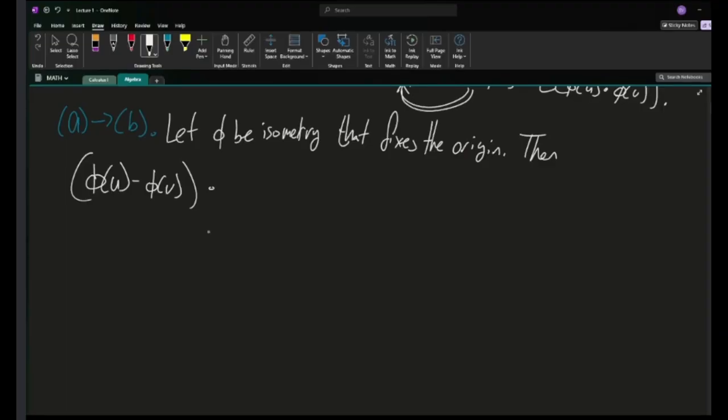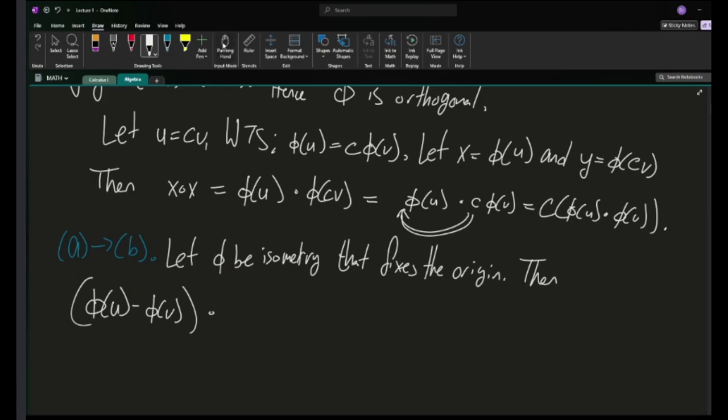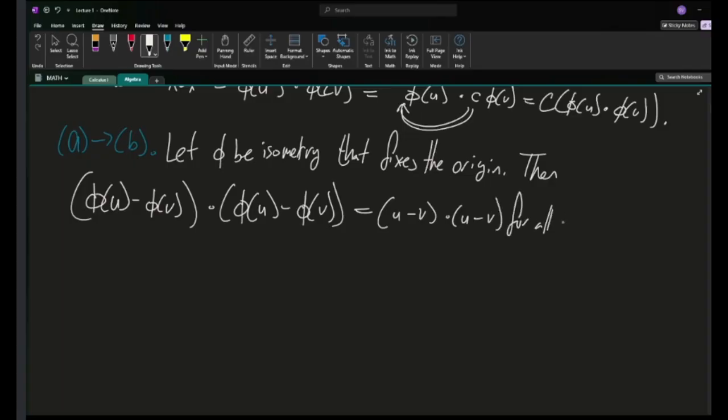And so, taking upon what we did from the lemma previously, we could pull up the same exact conclusion of just saying if we dot these two products of the same value, phi of u minus phi of v, since we're dealing with the origins themselves, then that's equal to u minus v dotted with u minus v for all u, v in R.